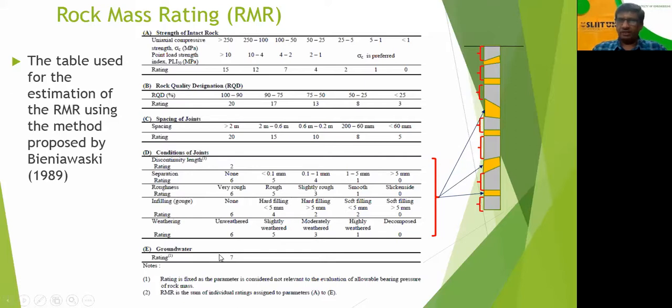So what they say is that this is better than just considering the UCS and the RQD, but more than that, we can envisage that the fracture spacing and what is inside the fractures will also determine the capacity. So using the RMR is more justifiable in the engineering sense for estimating the allowable end bearing capacity.